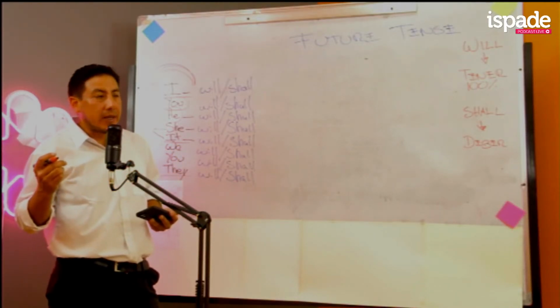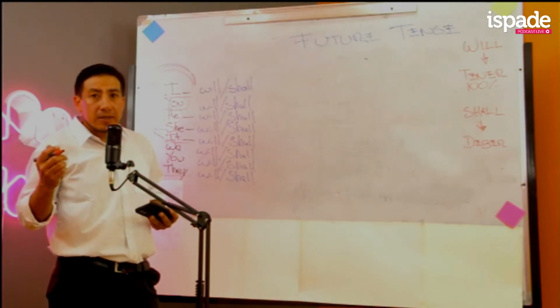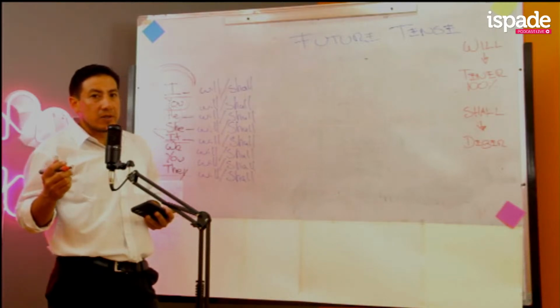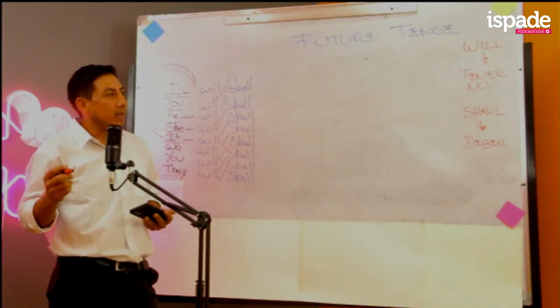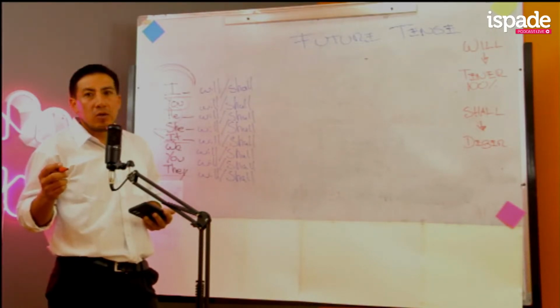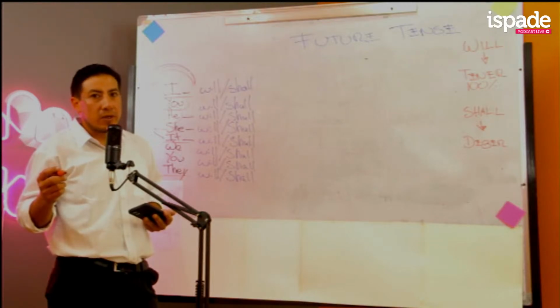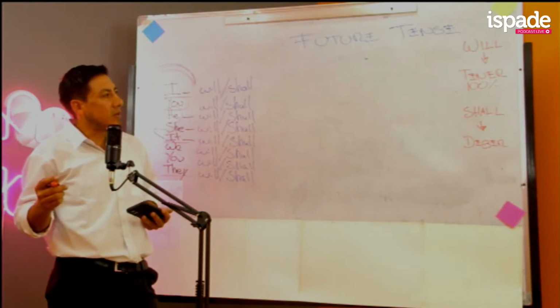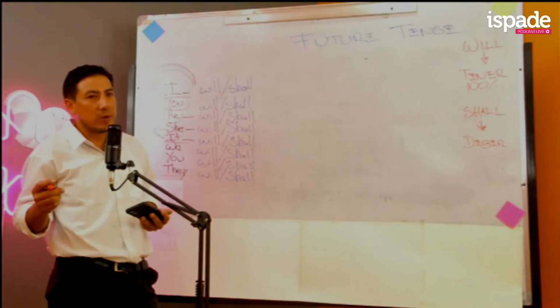Let's see, deber. Is it 100% or not? What do you think? Shall, deber. Yo debo trabajar. Yo debo estudiar. It doesn't sound like an obligation 100% like the example that we had before, which is will.